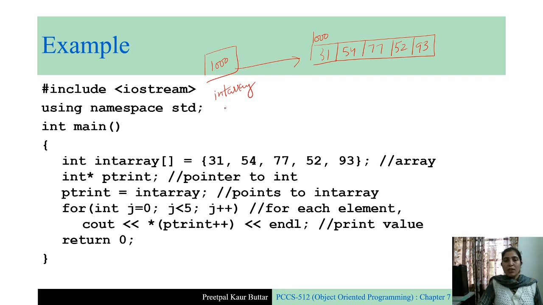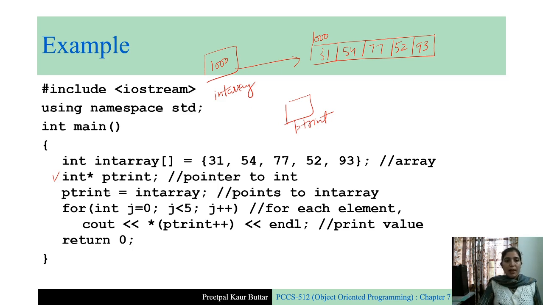So this will not change. This will remain as it is throughout this program. Okay. Then what are we doing? This is a constant pointer. We are creating a normal pointer. Here we are creating another pointer whose name is ptr int. And this is a normal pointer. This is a constant pointer. This is a normal pointer.